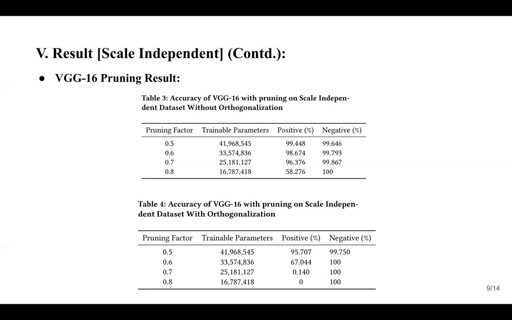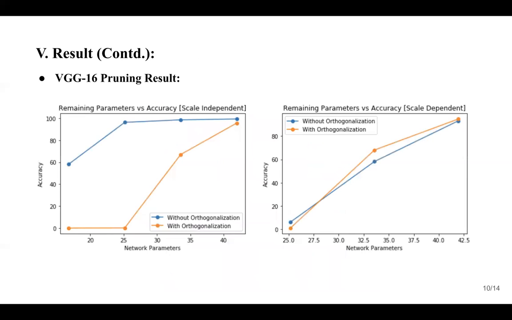So when we prune, the filters that do not grow much are pruned off as we aggressively prune the network parameters. Here we can see the graph of network parameters versus accuracy, and how reducing network parameters affects the accuracy in the VGG16 model.